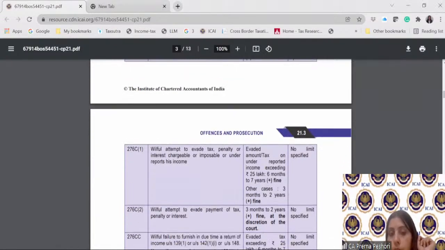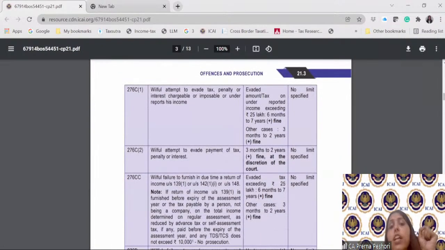Is that clear? Then willful failure to furnish the return of income. If you fail to furnish the return of income in time, then not only there is going to be a penalty, but there is also going to be a prosecution of 6 months to 7 years.